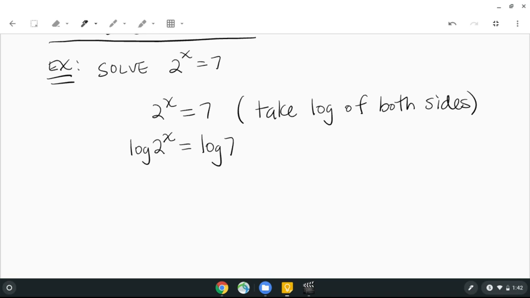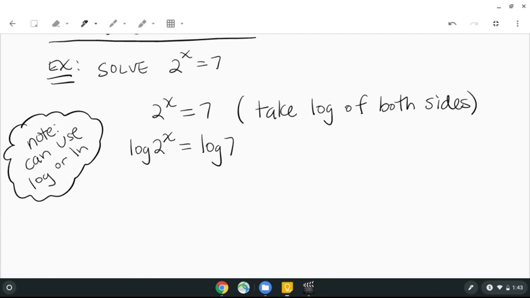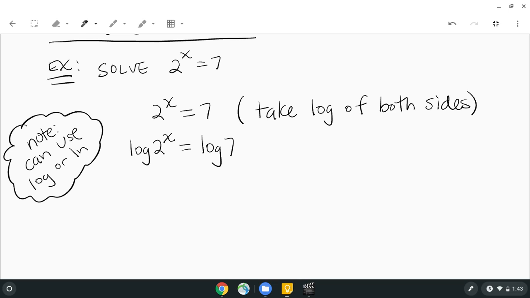Okay. Here, I'll put a little note here. So you can use log or ln. It doesn't matter. Okay, and then we're going to use the property of logs that allows me to bring that exponent down to the front.